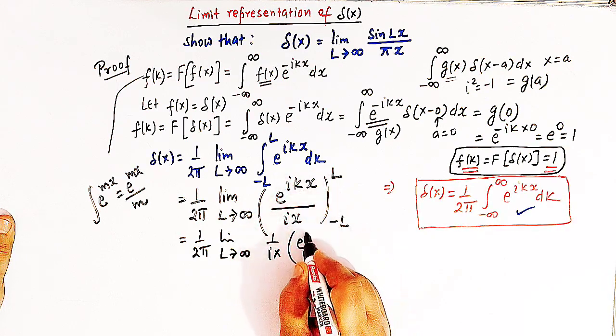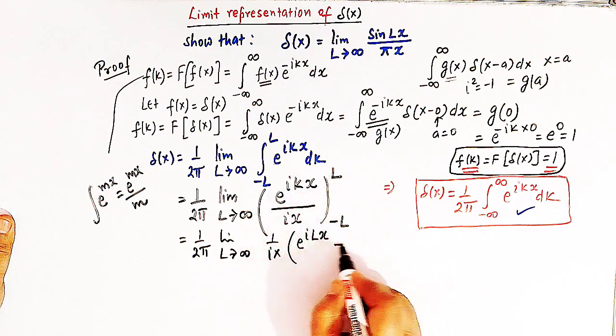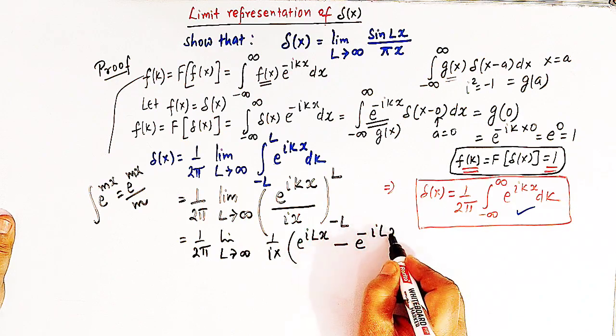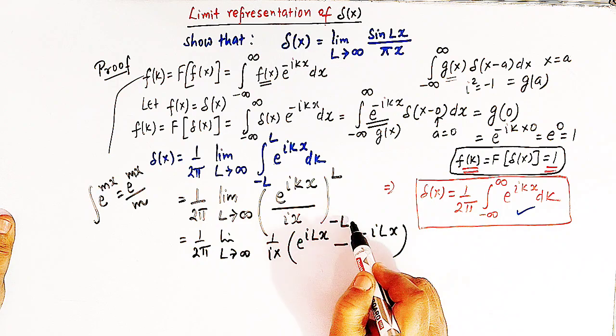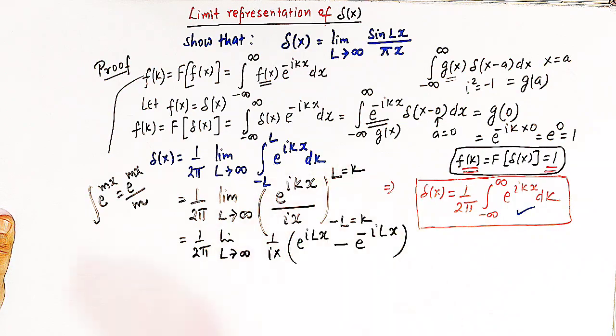So we have e raised to ilx, then e raised to minus ilx, taking k equal to minus L to k equal to L, right?